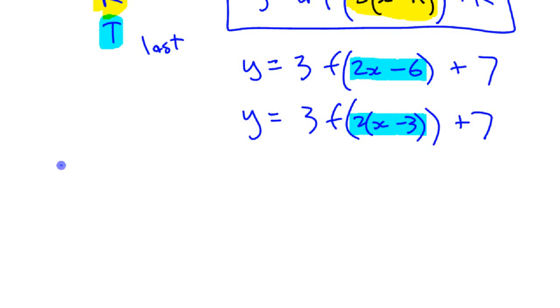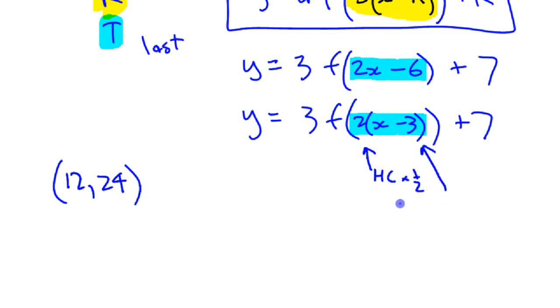If you took something and did those two changes with it, which you'll see right now, we'll just pick a point here and do it. All right, let's pick (12, 24). So we're going to do these two. We have two things involved there. This one is a horizontal compression by a half, and then if it's written in that order, with this bracket in there, we have a horizontal translation 3 to the right.